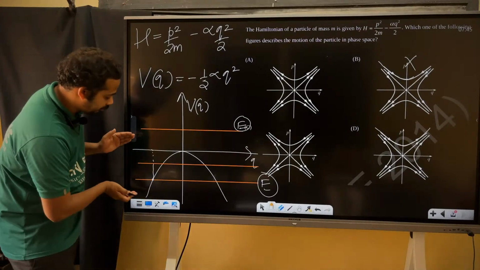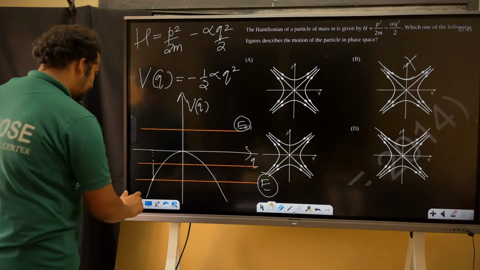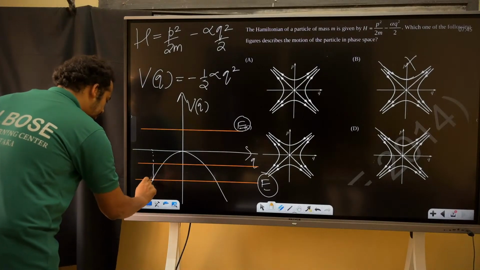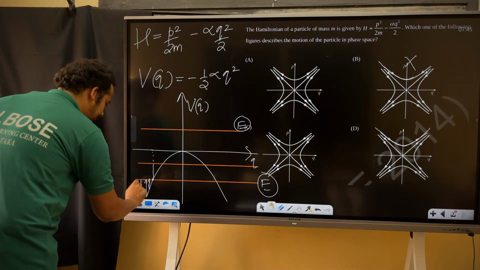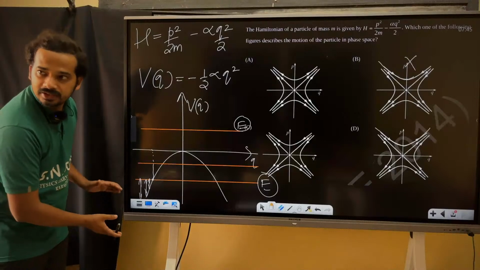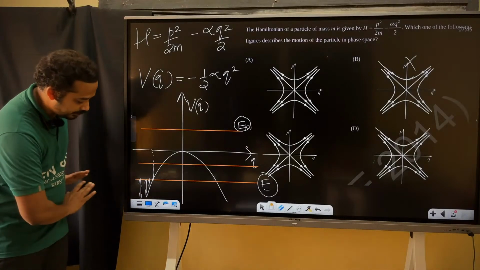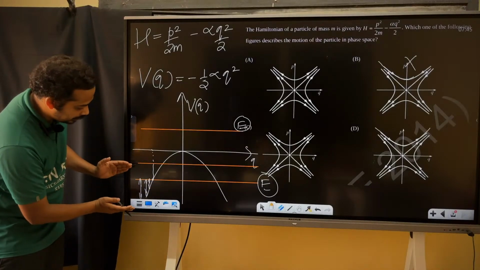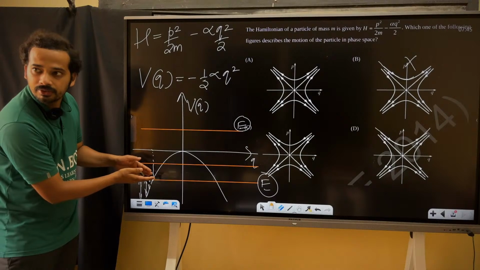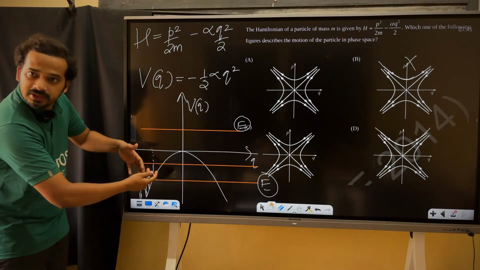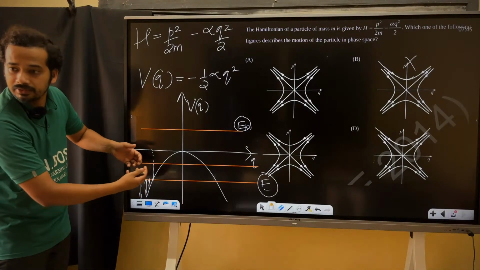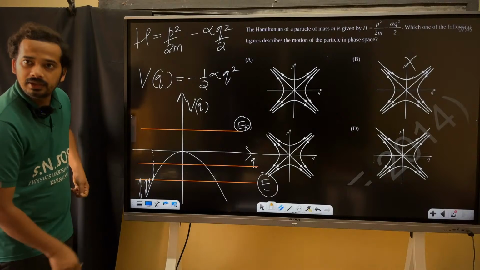Momentum keeps on decreasing, you can see here, am I right? This is the kinetic energy. Kinetic energy keeps on decreasing when you shoot the particle from here, becoming zero, and again it started moving along the negative x-axis, and keeps on increasing, isn't it?